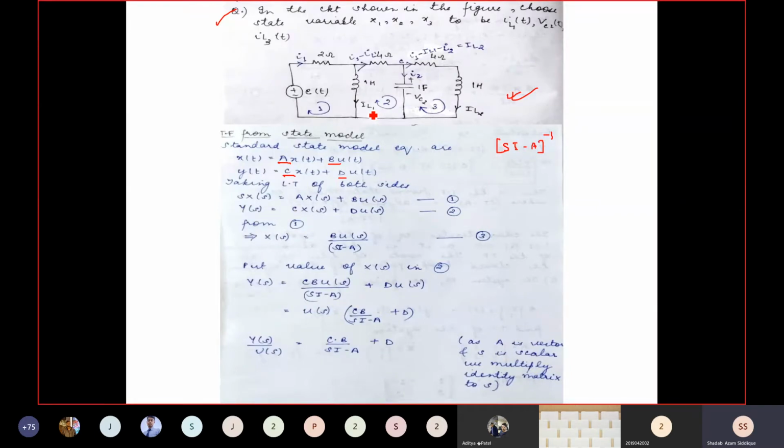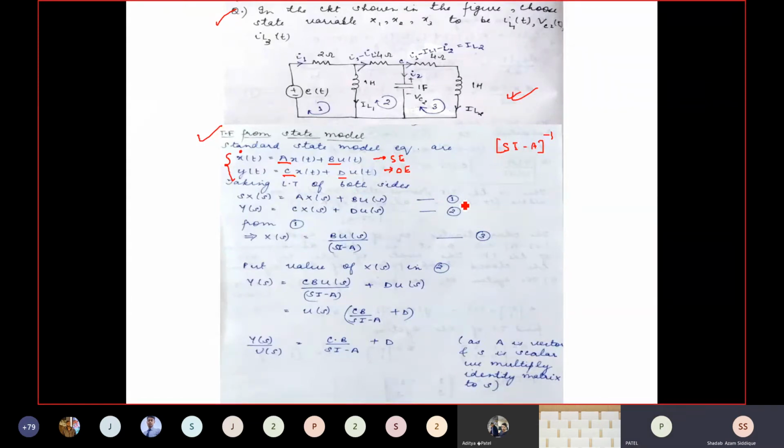Now let us move further: the transfer function from a state model. We have a state model equation; this is the state equation and this is the output equation. So we have sX(s) equal to AX(s) plus BU(s), and Y(s) equal to CX(s) plus DU(s).